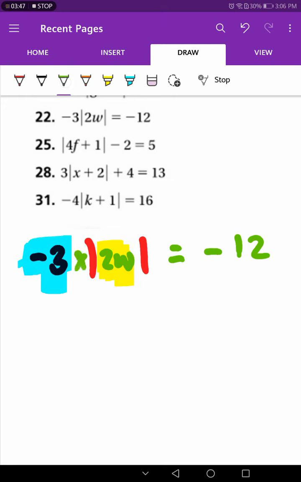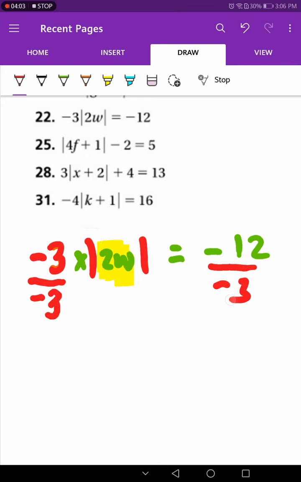So take the inverse; the inverse of multiply is divide. So divide by negative 3, divide by negative 3.